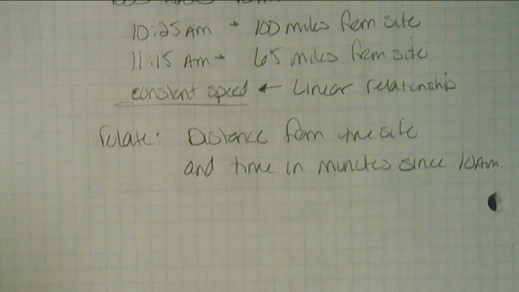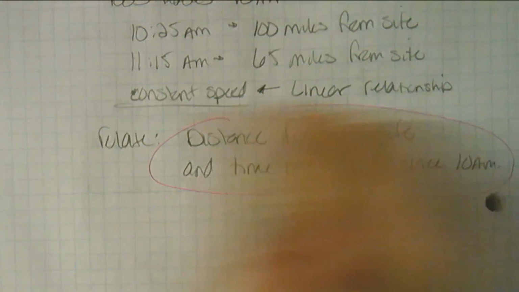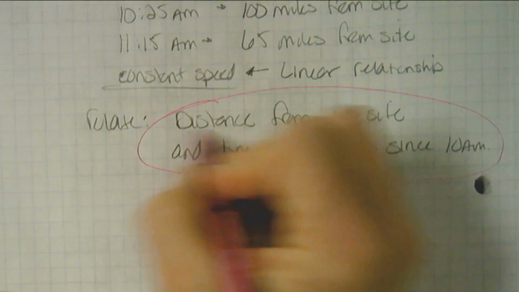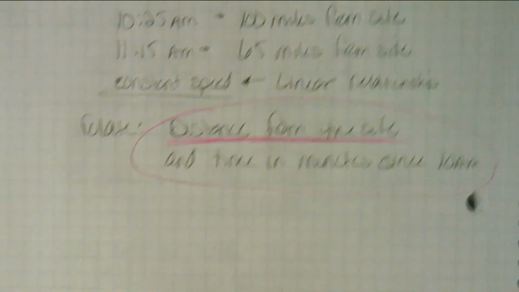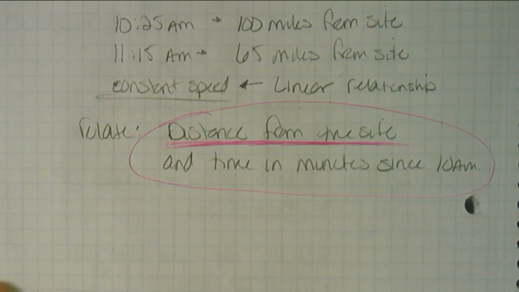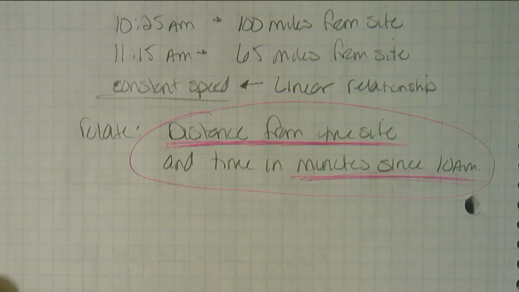All right, if I do not recognize that, I think, Joseph, that's what you and I were talking about on Friday. If I don't recognize this, that this is what the information stands for, my distance from the site, that's what my miles are, and my number of minutes since 10 a.m.